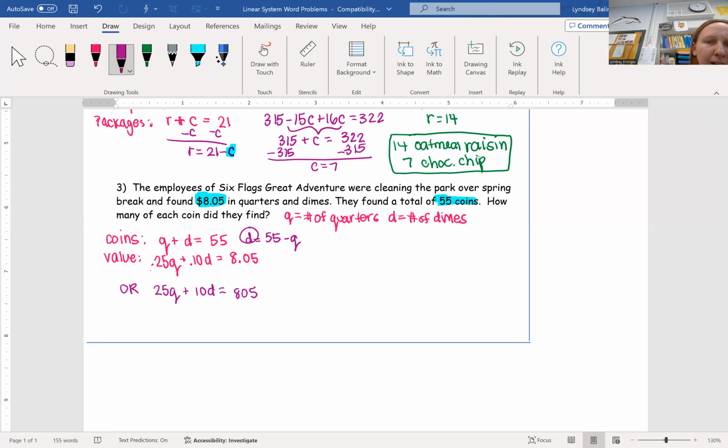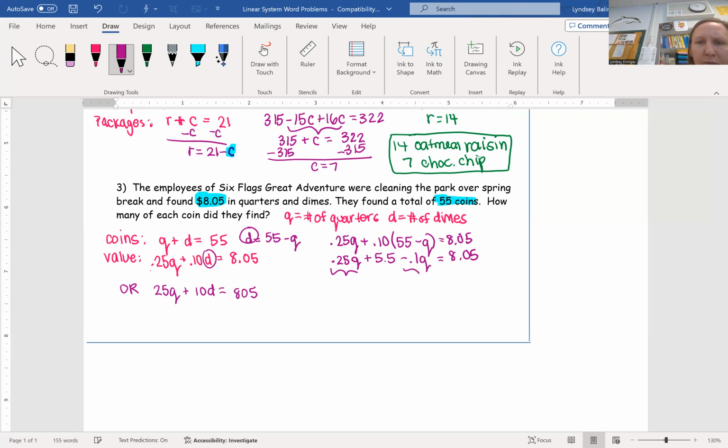So I'm going to take that and plug it in for the D in that equation, which is 0.25Q plus 0.10 times the whole thing of 55 minus Q. So we use parentheses equals 8.05. We distribute. So that's going to turn this into 5.5 minus 0.1Q equals 8.05.